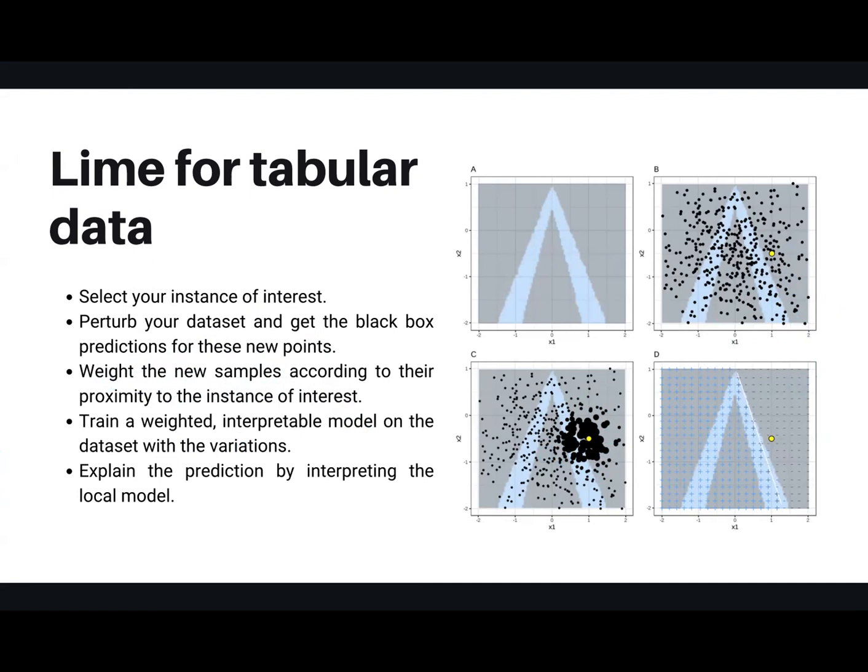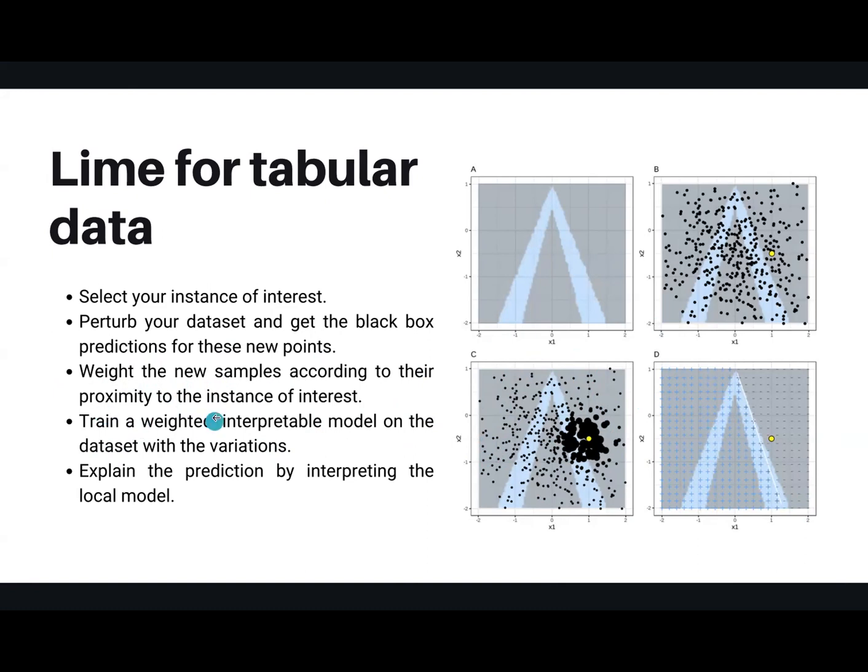A weight just gets multiplied by the loss for that sample. We create this weight for each new sample. For example, here, the closer you are, the higher the size of the point. This is just a reflection of the weight. And the ones that are very far from the point are not very important, but we still keep them just for the sake of making sure that we are not blindsiding our model.